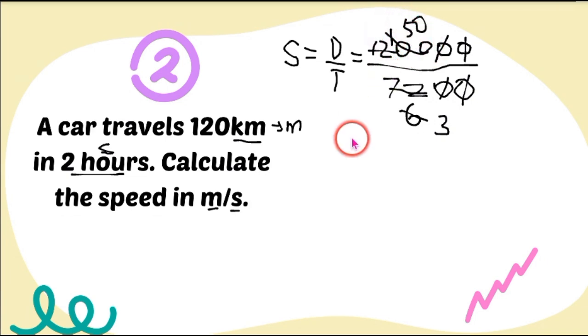So I'm having 50 over 3. And 50 over 3, 3 in 5 is 1, in 20 is 6, remainder 2 over 3. So 16 and 2 over 3 meters per second. You can also change that to a decimal if you want.